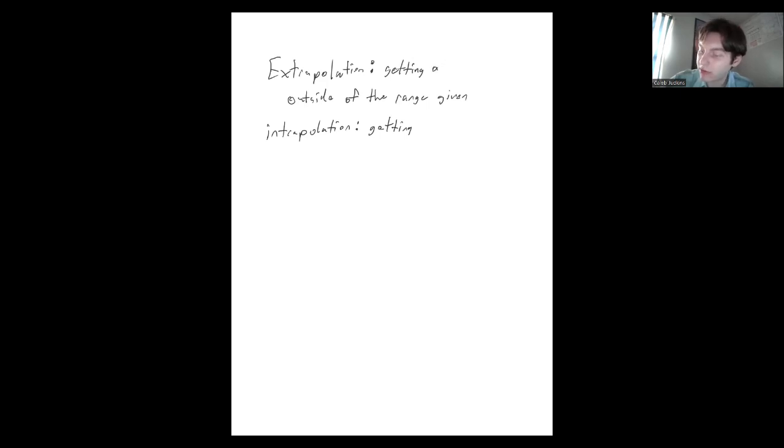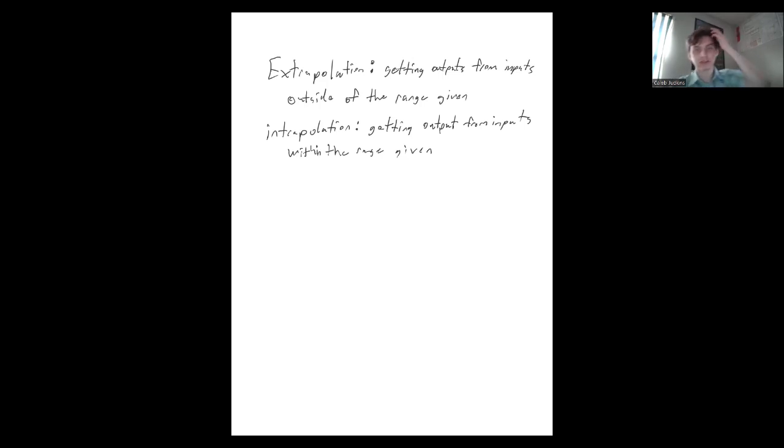So extrapolation is getting outputs from inputs outside of the range given. Interpolation is getting outputs from inputs within the range given.